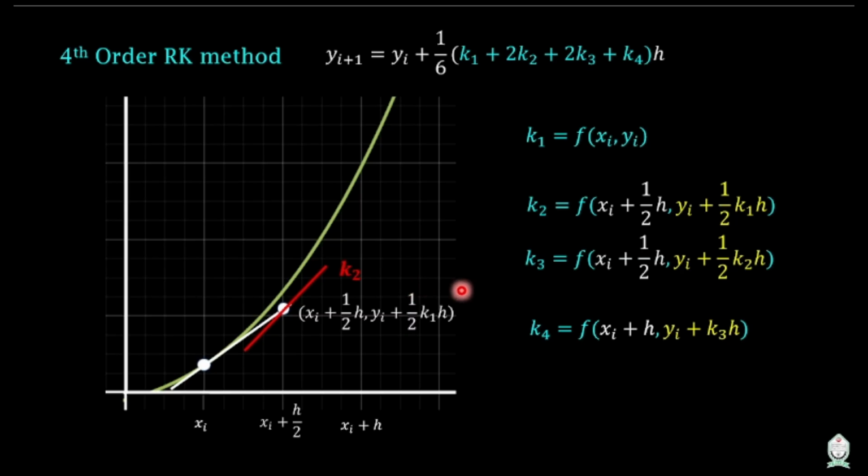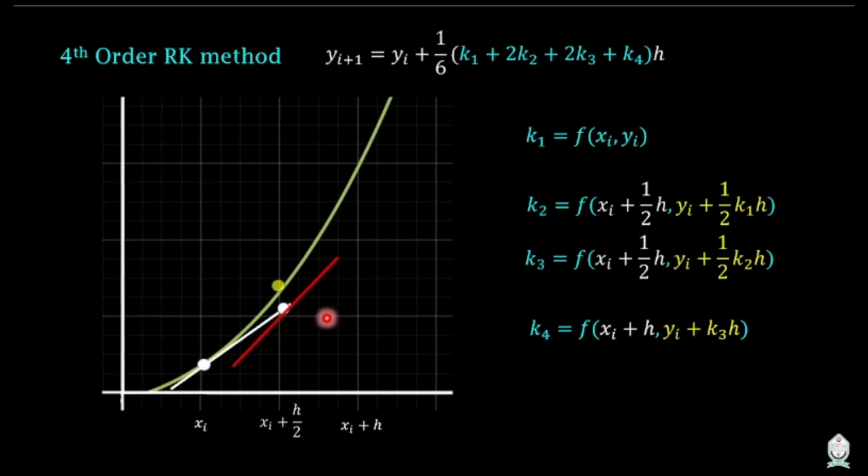So using k2 we can find the value of k3. It will require the k2 to be shifted here, and if we shift our k2 here, the k2 intersects the xi plus h by 2 at this point, so this is half k2h, which makes the coordinate of this point xi plus half h, yi plus half k2h.